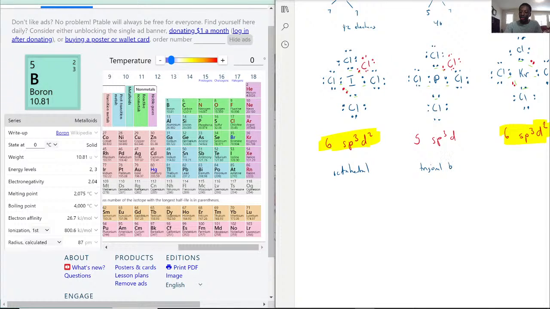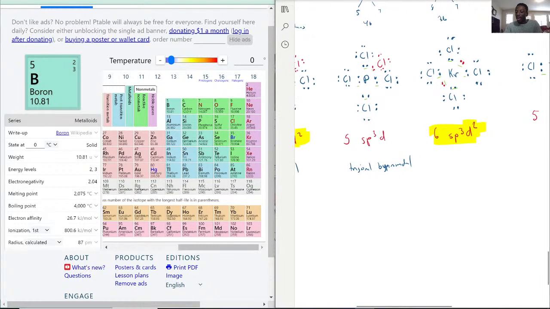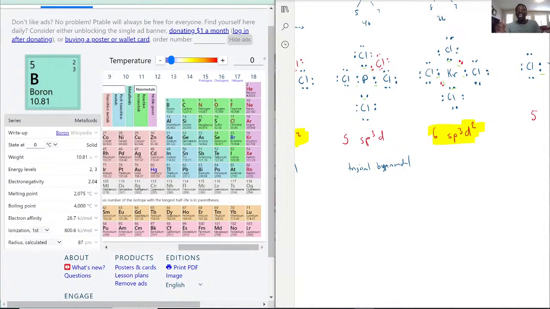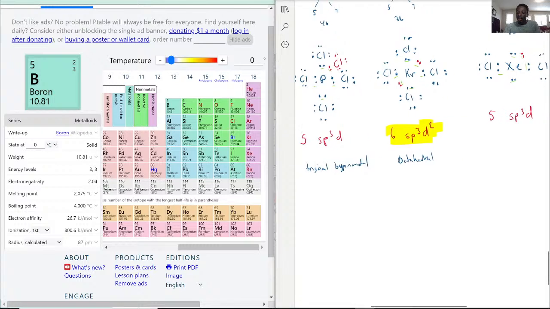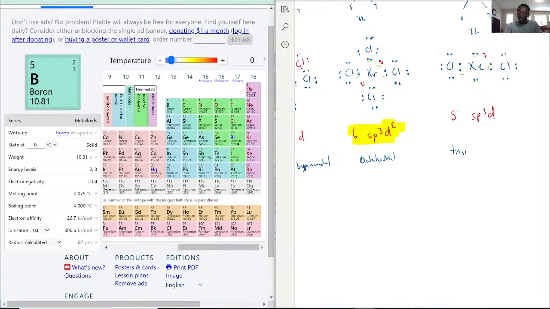It gets a little bit different when it comes to the molecular geometry, because molecular geometry accounts for whether they are lone pairs or actual bonds, the things attached to it specifically. So this one's also going to be octahedral. Again, trigonal bipyramidal.